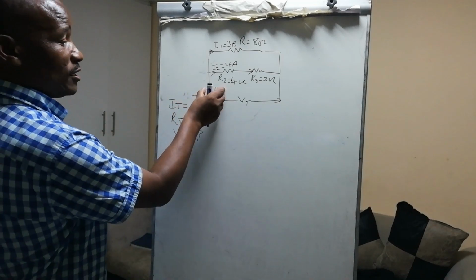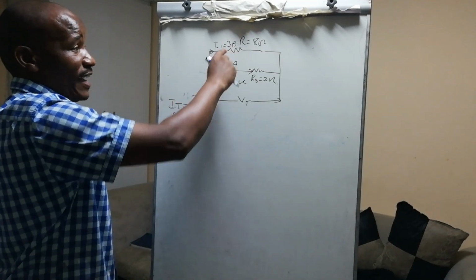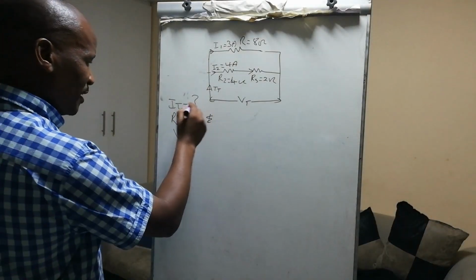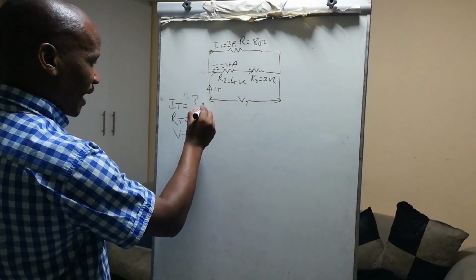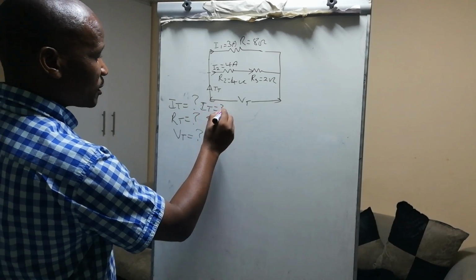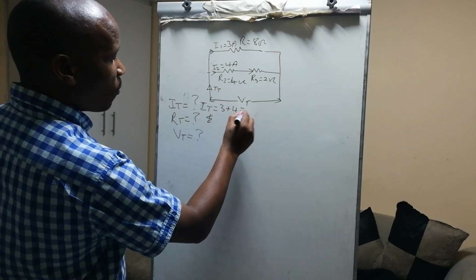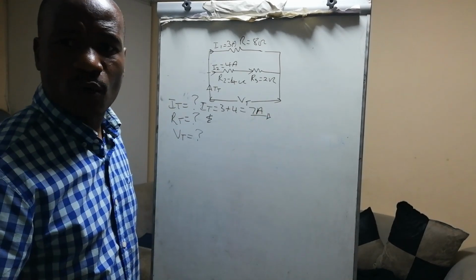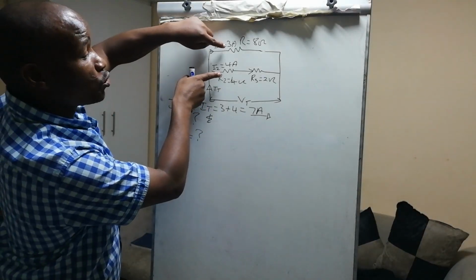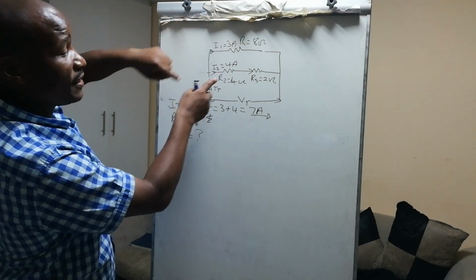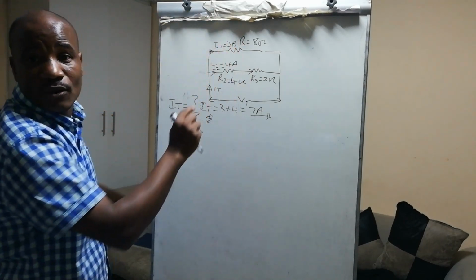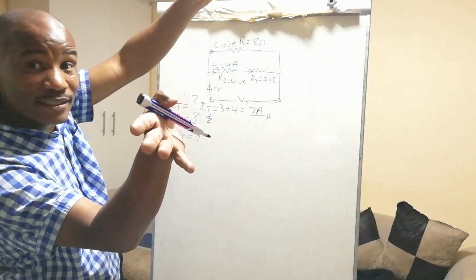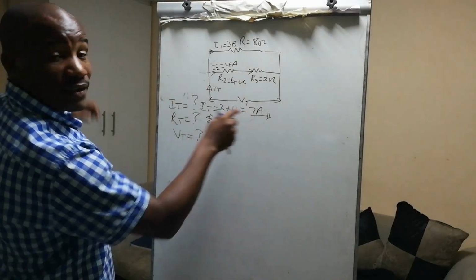It means it was the total and it divides. 3 plus 4 is equal to 7. Meaning the total current here is equal to 3 plus 4, which is equal to 7 amps. Why? For those two branches, that current divides into 4 and 3. What does that mean? It was 7 before it branched. That's why it's 7.